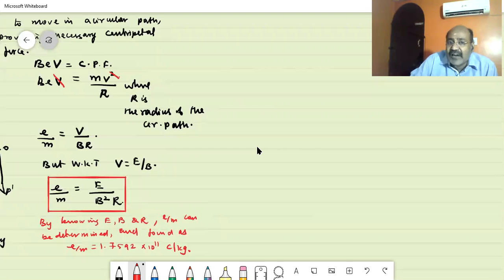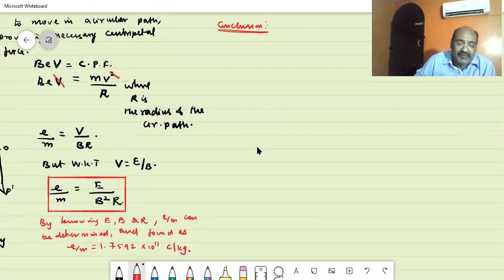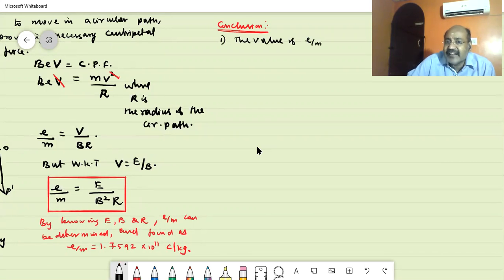So what are the conclusions arrived from this experiment? Two conclusions are arrived. One, the value of e by m is a constant.